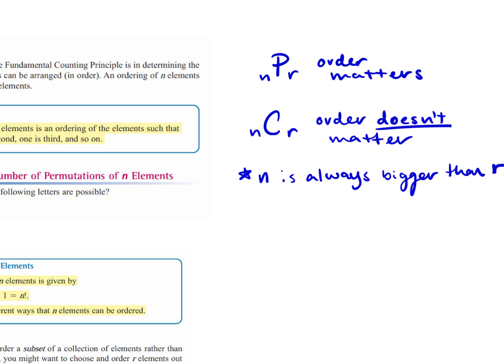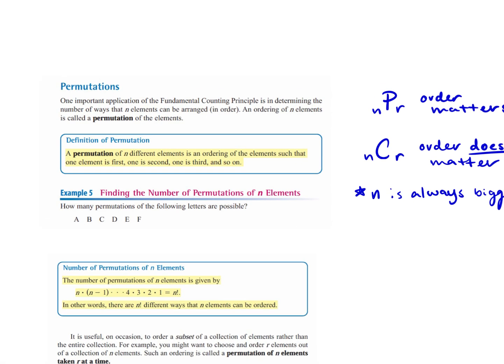The bigger number comes first. So looking at this box here, the definition of a permutation says a permutation of n different elements is an ordering of the elements such that one element is first, one is second, and one is third, and so on. If something is first, it can't also be second. So the order matters here.